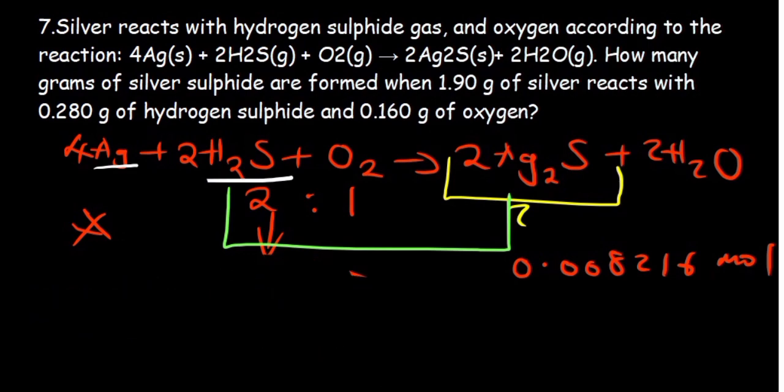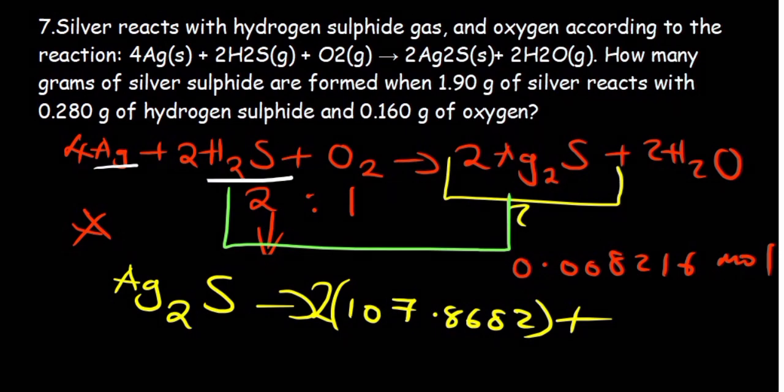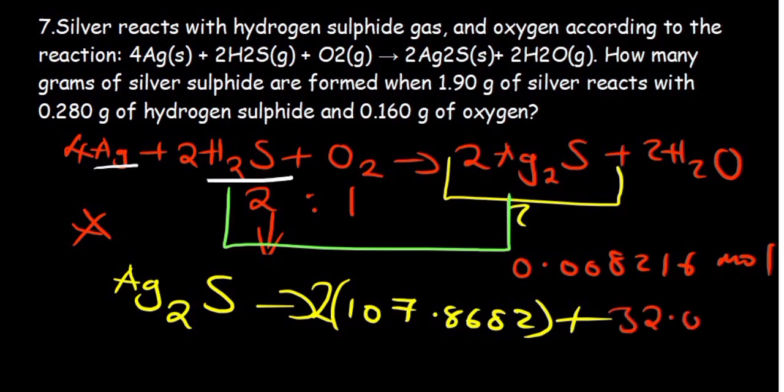So go to a periodic table. What is the molar mass of the silver sulfide, which is Ag2S? For our silver, we have 107.8682, and these are 2. Plus, for sulfur, we have 32.065.